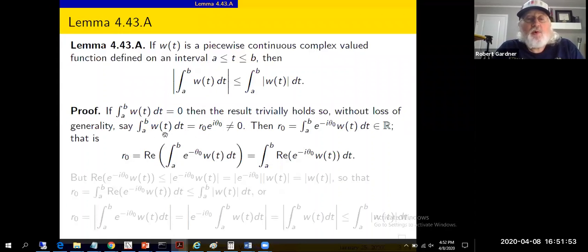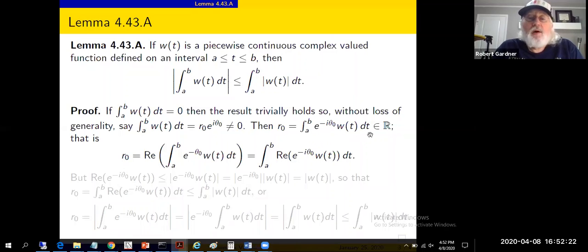Well, from this little equation then, we can take this e to the i theta 0, move it to the other side as a reciprocal, so it carries with it a negative exponent, and use linearity to pass that inside and say r sub 0 then is of the form integral from a to b, e to the negative i theta sub 0 constant, w of t dt. r sub 0 is real, so the value of this integral is real.